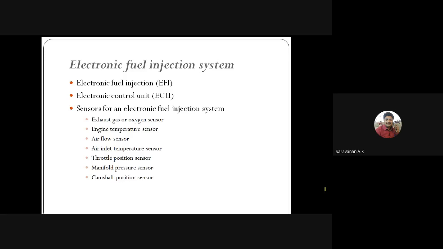In the modern engines, most of the engines work with the help of sensors and computers and solenoid operated injection systems for the different controls, that is the metering, the atomization, and the distribution element.